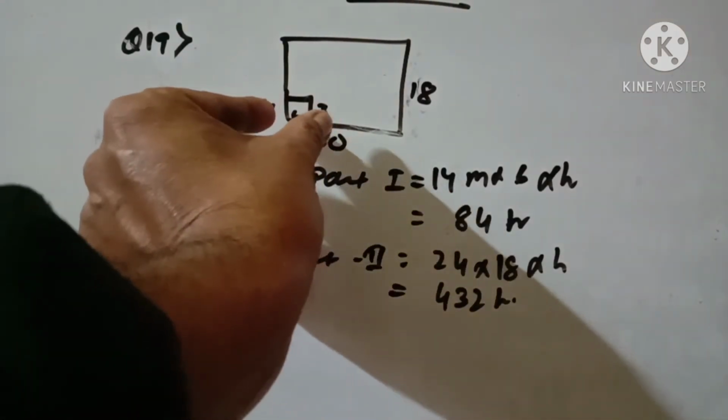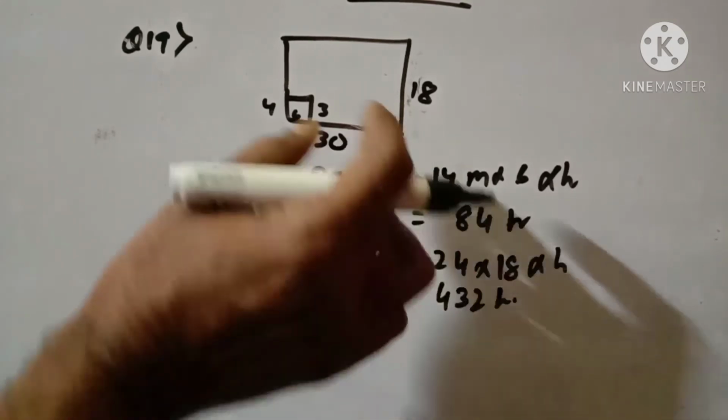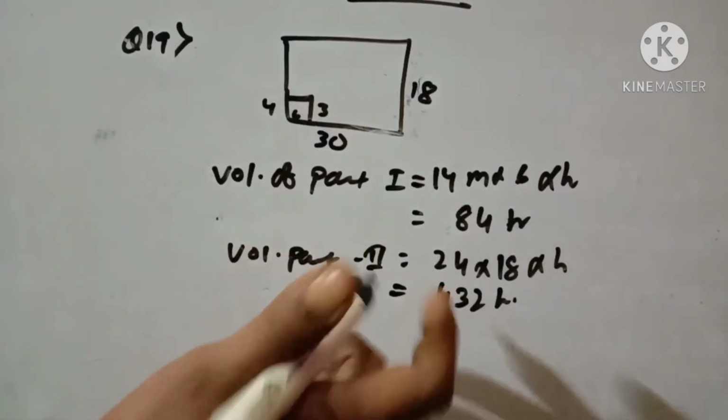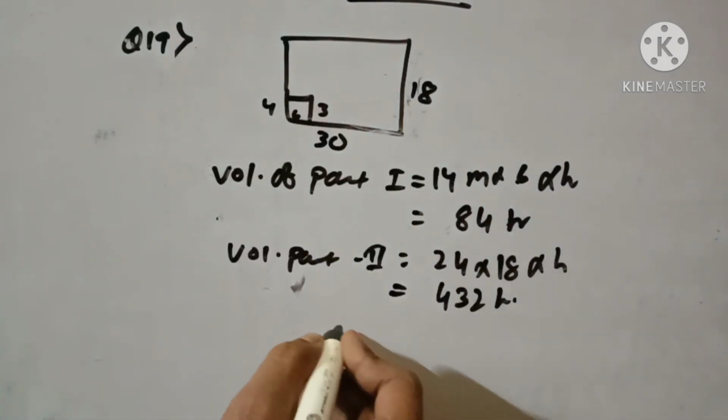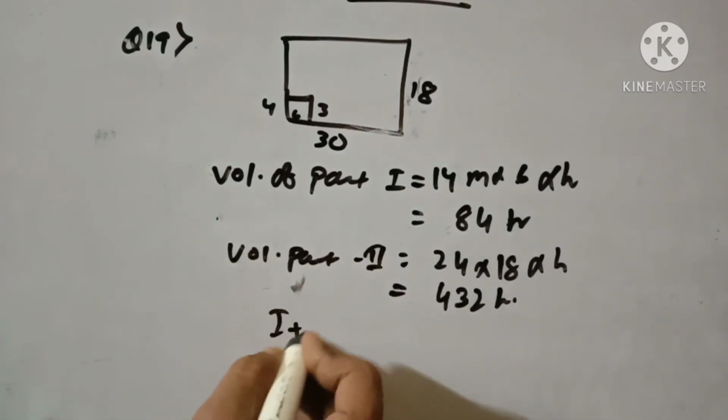Now this pit, volume of the third part, volume of the pit. First of all, after removing this pit, that volume will be left. That volume will be part 1 plus part 2.